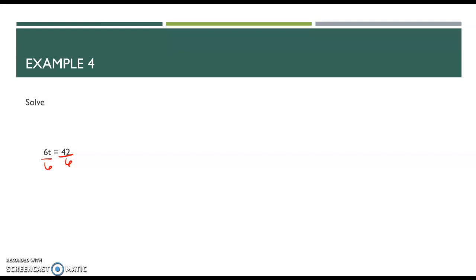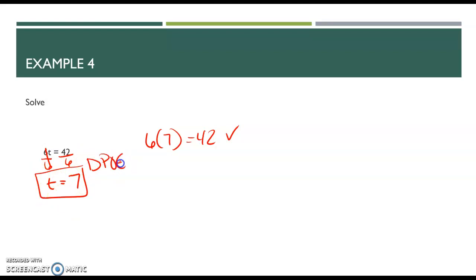Subtraction is the inverse operation to addition, or the opposite operation. All right, so 6 divided by 6 is 1, so we're left with t. And then 42 divided by 6 is 7. And if I want to double check, I'm going to say 6 times 7 should equal 42. And that is true. And so t is 7. And we got there by using depot, the division property of equality.